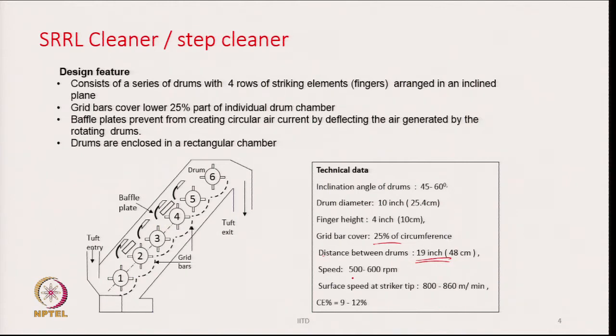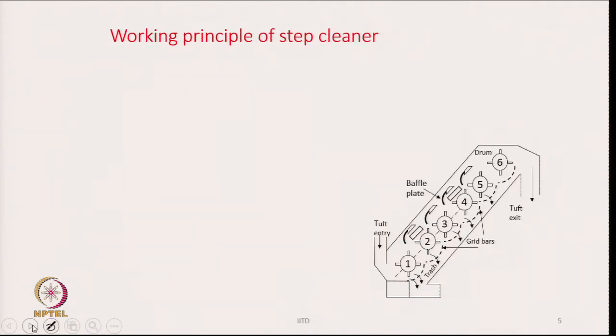Speed is around 500 to 600 rpm, it could be any value in this range. So, speed is not really very high, and the surface speed one can calculate at the tip of the fingers, which could be 800 to 860 meters per minute, and the cleaning efficiency could be 9 to 12% depending upon the type of cotton and the trash particles in it. So, that is the constructional details.